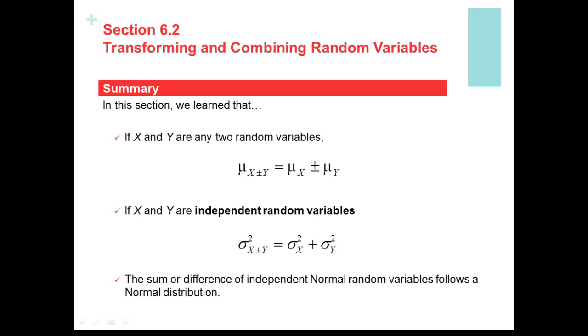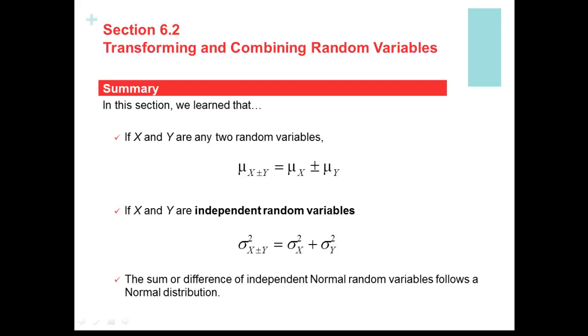If you're combining two random variables, if x and y are two random variables, mu sub x plus or minus y will equal mu sub x plus or minus mu sub y. This is how the formula will appear on your formula sheet that you'll get to use on the test. If x and y are independent random variables, and again you can only use this formula if they are independent from one another, sigma squared sub x plus or minus y will equal sigma squared sub x plus sigma squared sub y.